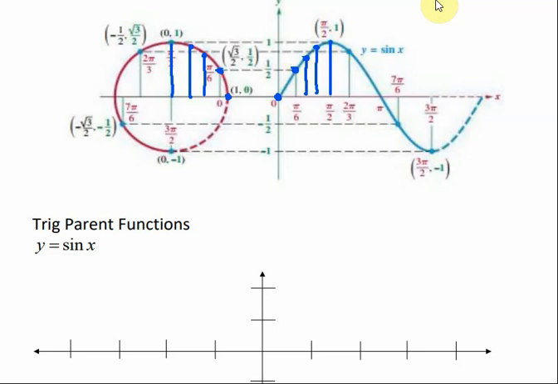And then, of course, as we go around the circle, we have the values that go around. So that's what creates our curve here until we get back to 0. And then as we go around the circle, of course, our y values begin to get negative. So we have these negative values until we get to -1.